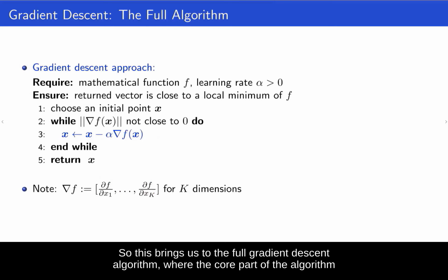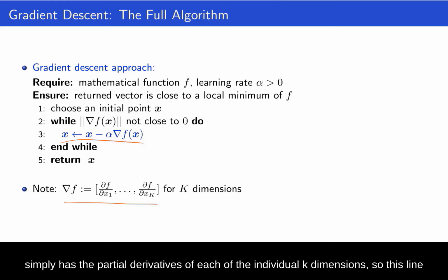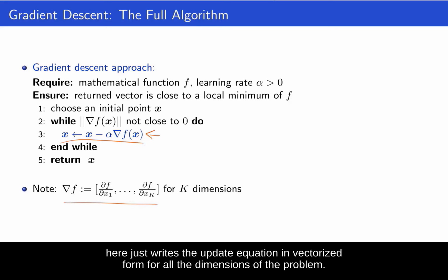So this brings us to the full gradient descent algorithm, where the core part of the algorithm is precisely this update step that we saw before. And this nabla notation simply has the partial derivatives of each of the individual k dimensions. So this line just writes the update equation in vectorized form for all the dimensions of the problem.